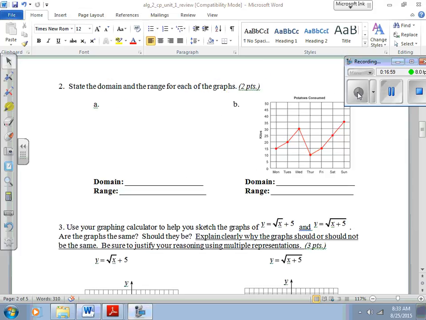All right. It says state the domain and the range of the graphs. I didn't put a graph here yet, so just right here. Domain, what does the domain represent? All the x's, right? So everybody take a look at the letter B. What is represented on the x-axis on this graph?